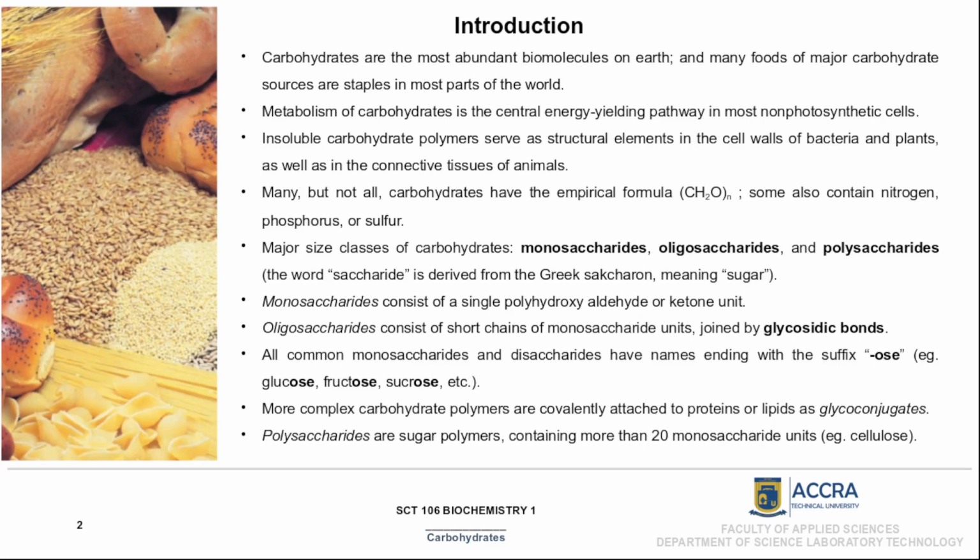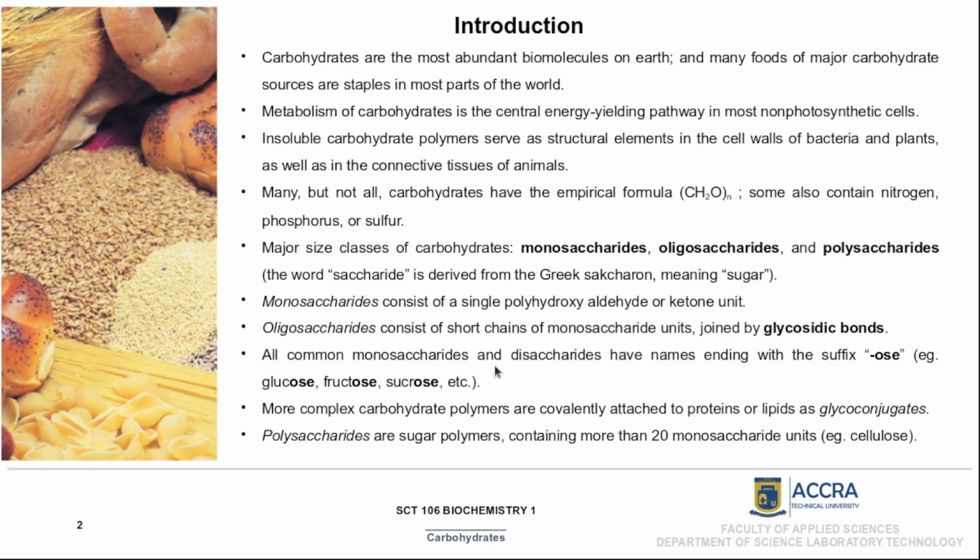All common monosaccharides and disaccharides have names ending with the suffix -ose, O-S-E. So as you see, for instance, glucose ends with the suffix -ose. So is fructose, so is sucrose, and so on.